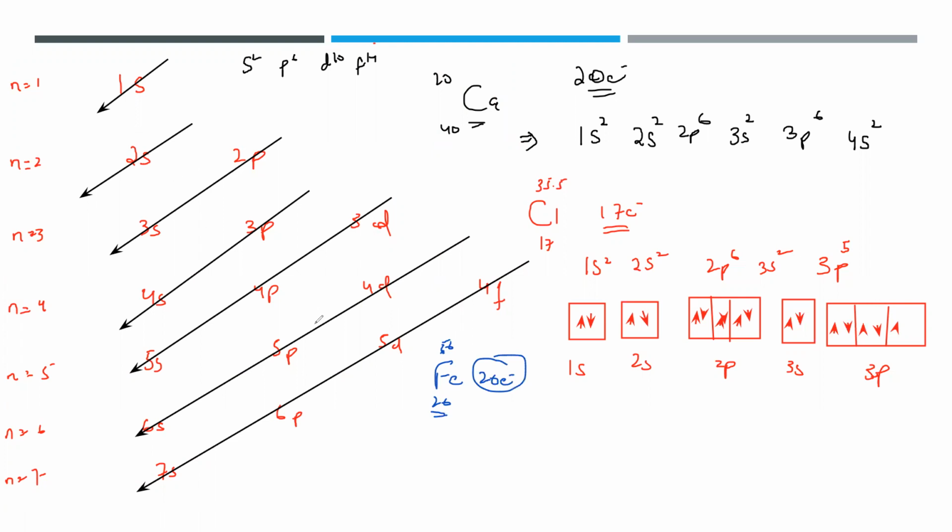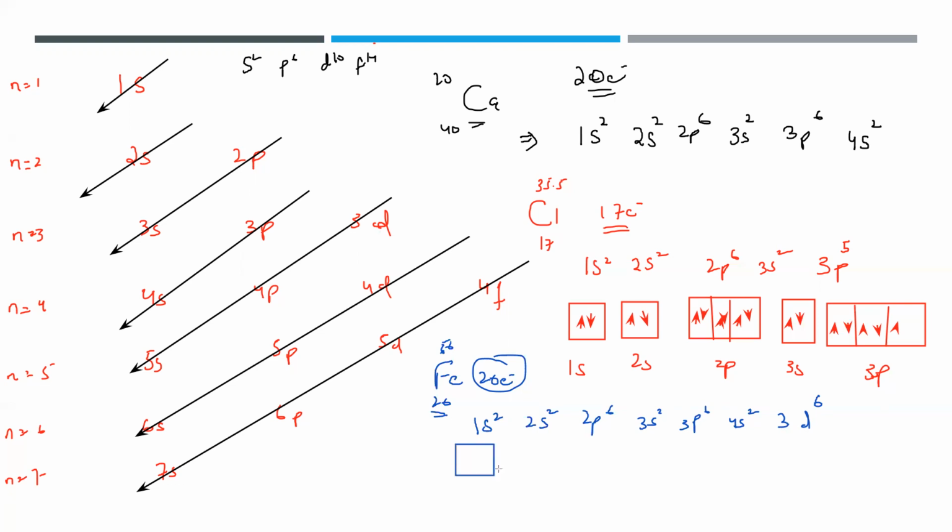First it will be 1s2, then 2s2, then 2p6, so we arranged 10, then 3s2, so we arranged 12, then 3p6, so we arranged 18, then 4s2, so we arranged 20. Then it will be 3d, which can have a maximum of 10, but we are left with only 6, so we'll write 3d6. So this is for an iron atom.